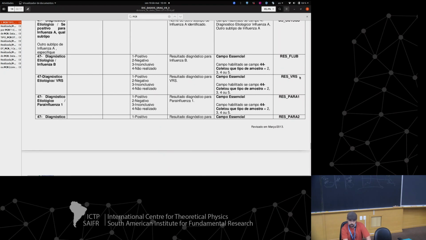Influenza B, RSV, parainfluenza 1, parainfluenza 2. So we have several columns, each of those associated with different pathogens.